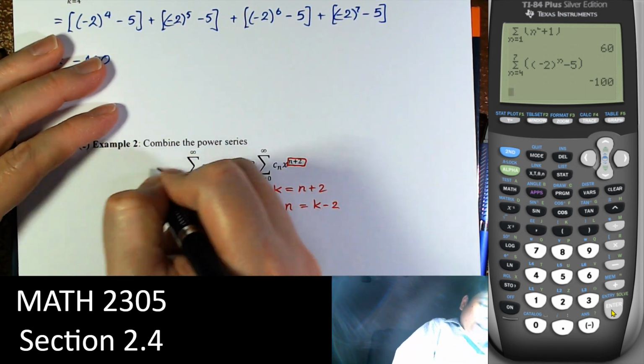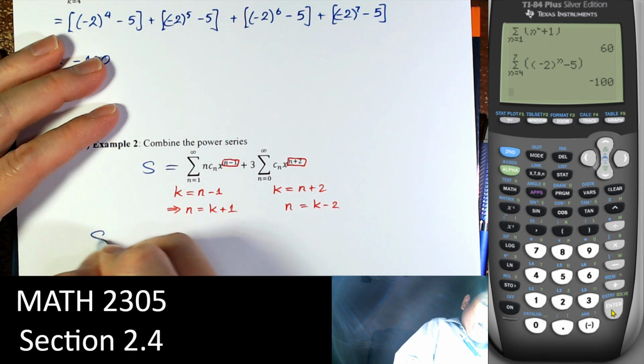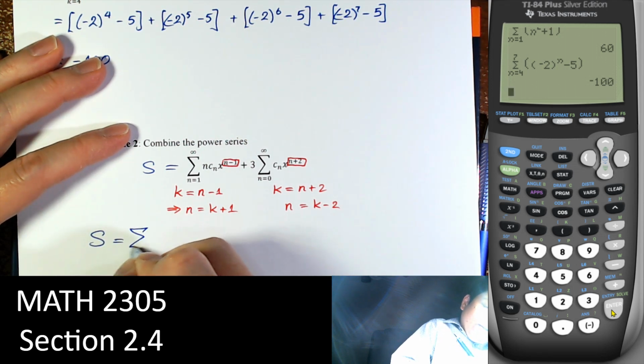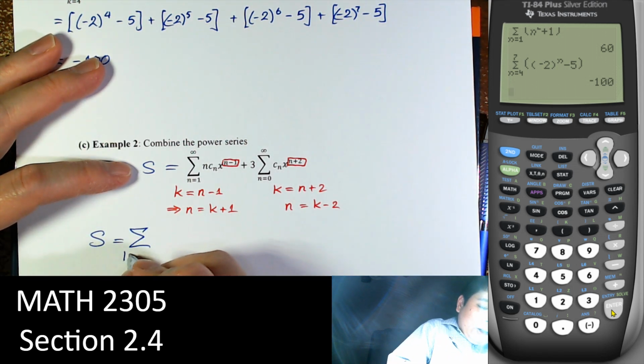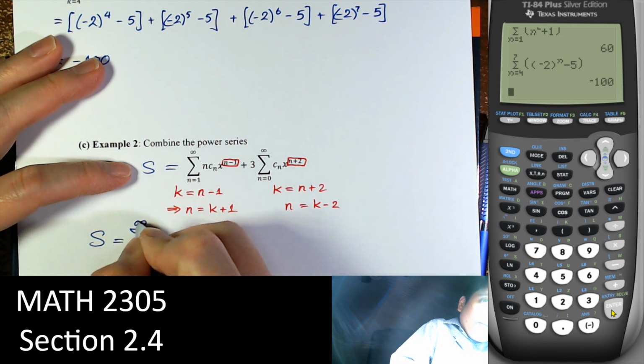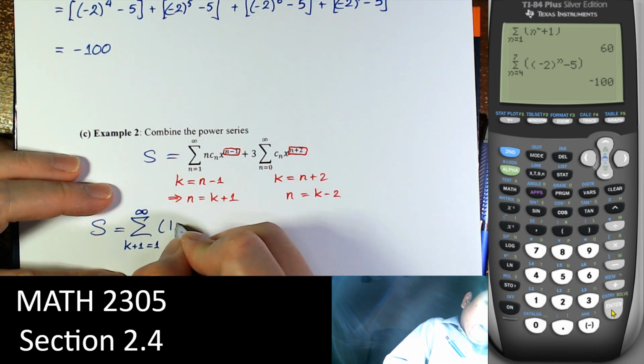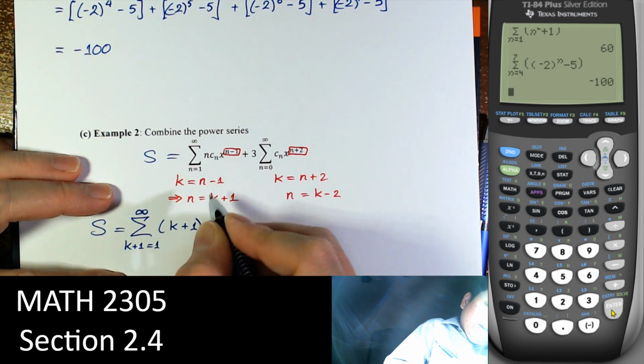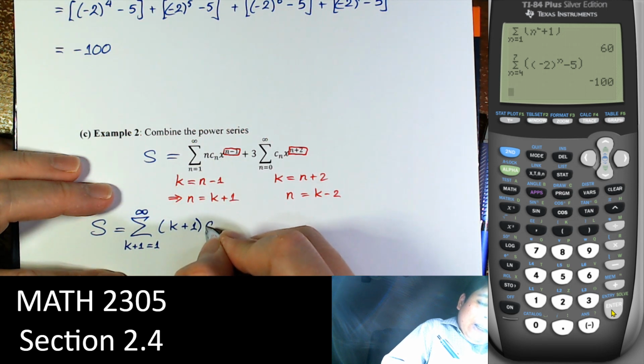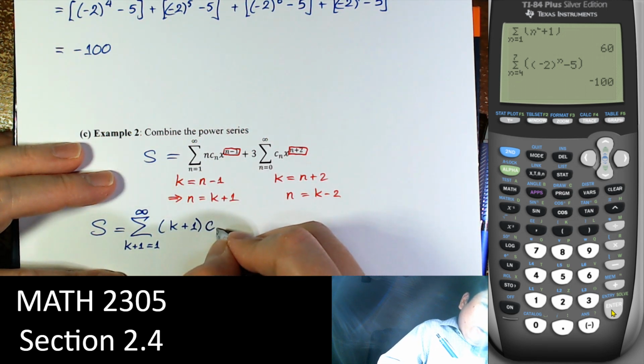So this problem, let's say that is summation s. Instead of n, I have k plus 1. And then we have n, that is k plus 1, c of k plus 1.